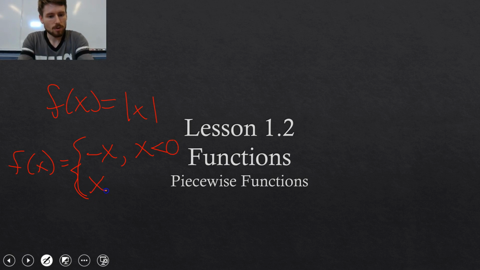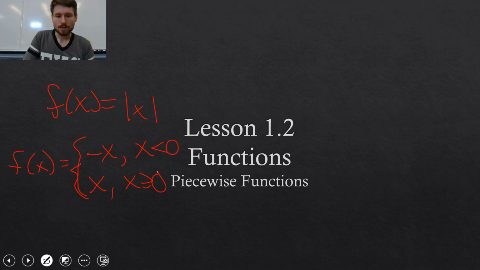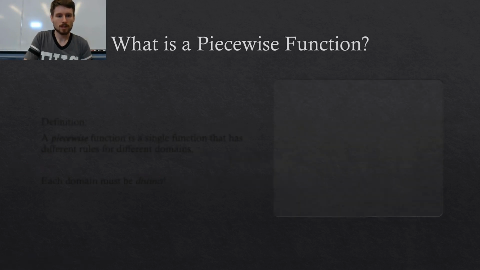And then the second rule was just give me the value back if the inputs were more than or equal to 0. So that was an example of a piecewise function. There's two pieces: what you do when you're less than 0 and what you do when you're 0 or more. Okay? All right. So let's look at some examples and try to define piecewise a little bit better.